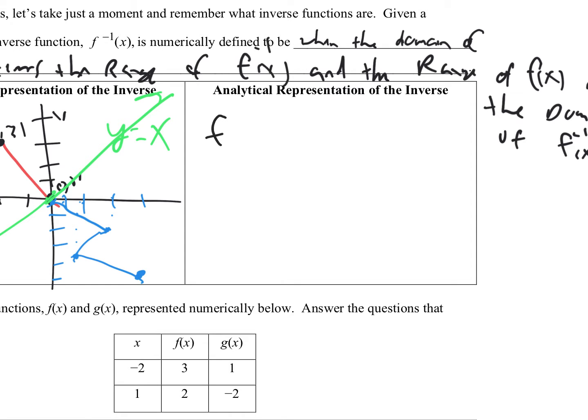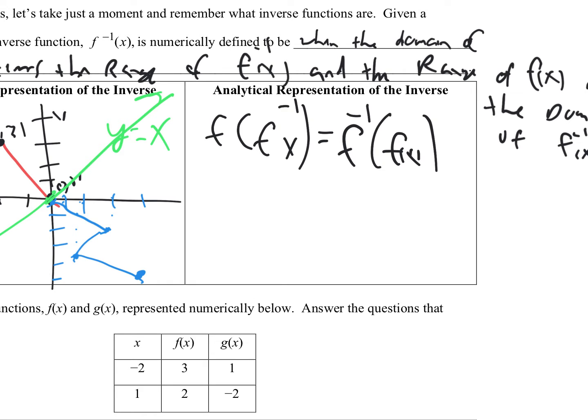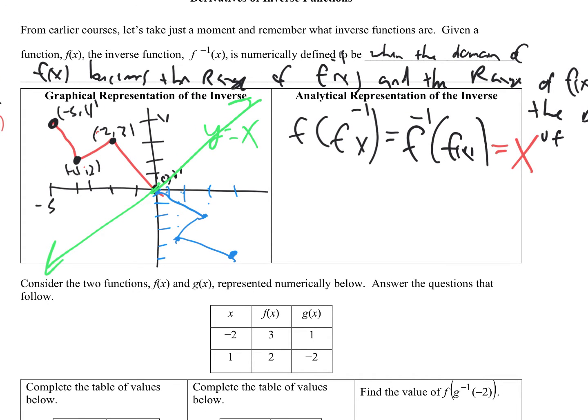Analytically, f of f inverse of x should be equal to f inverse of f of x. I think I called it f and g, remember? f of g is equal to g of f. And the beauty of it, both of those should be equal to what? x. Which is why y equals x is that line in the middle, because that's what happens.